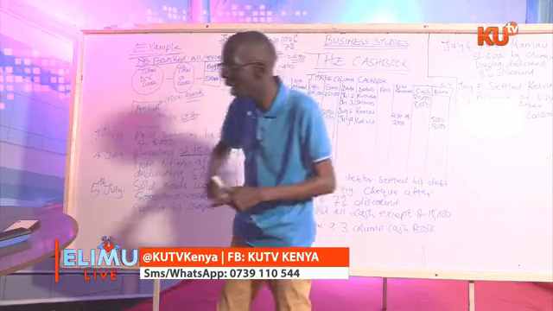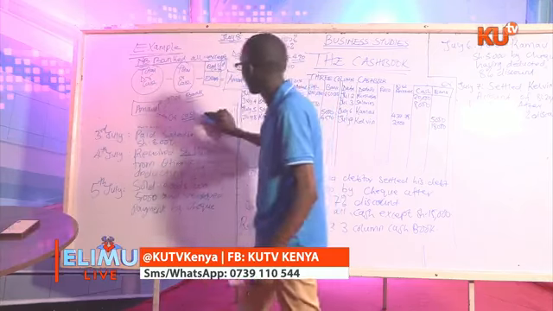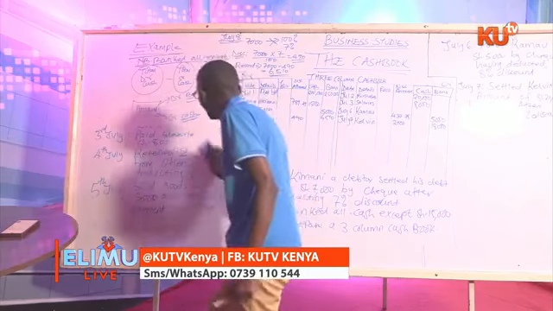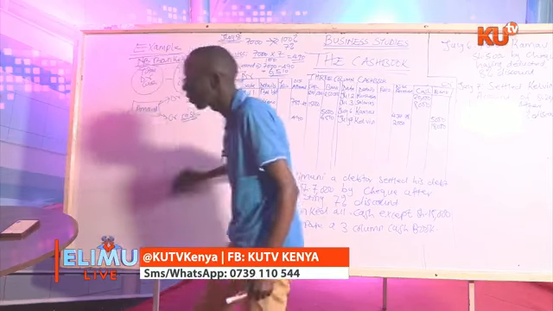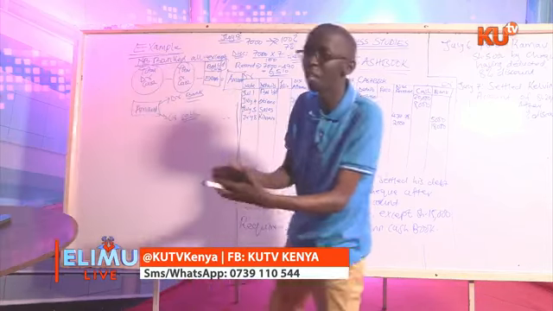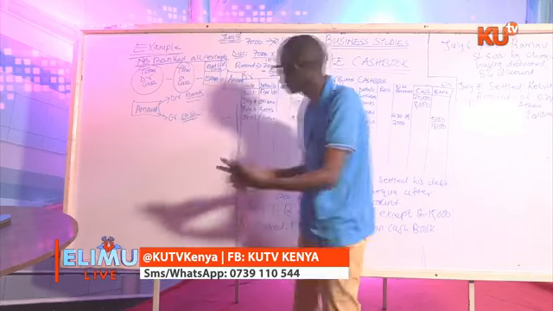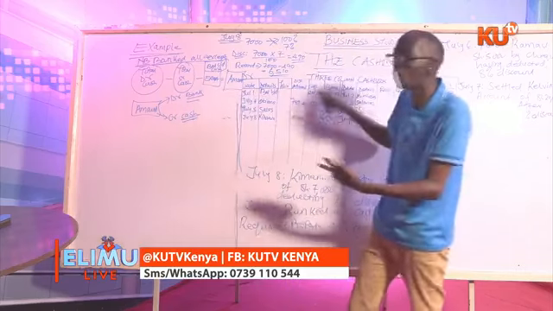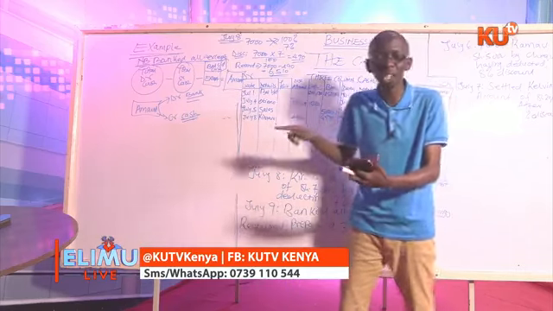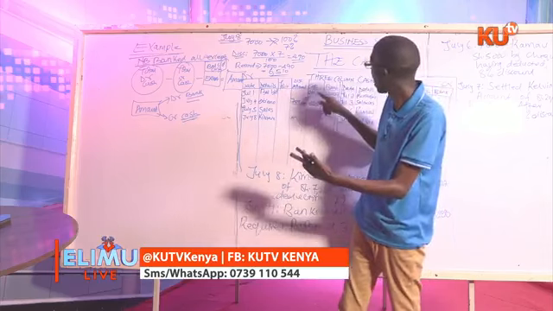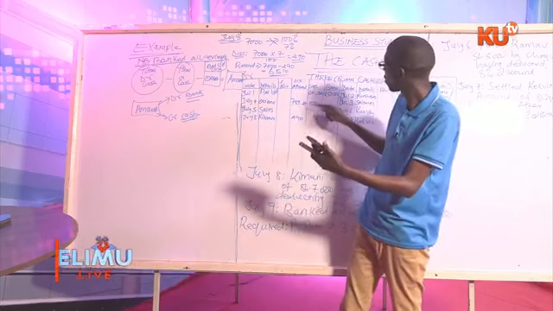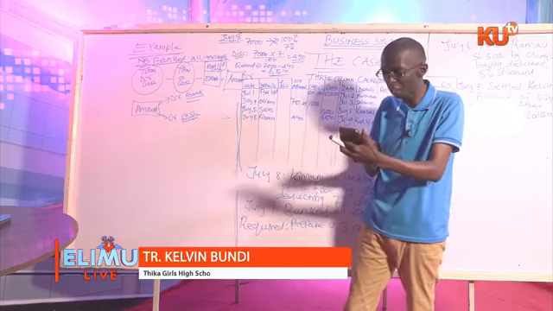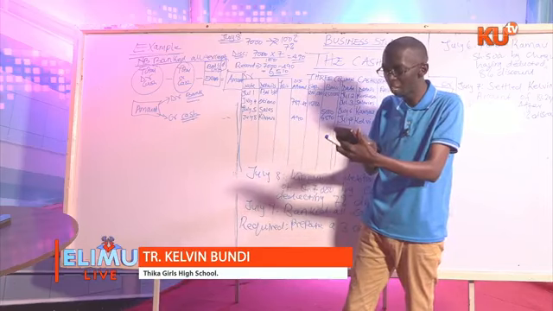Let us apply it practically. Total debit of cash. Take your calculator. All the cash on the debit side, we have 200,000 and 15,000.